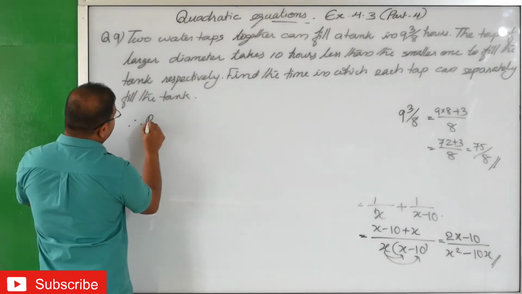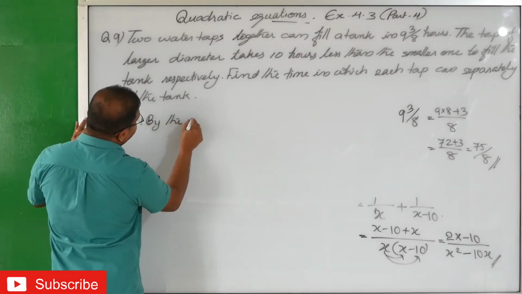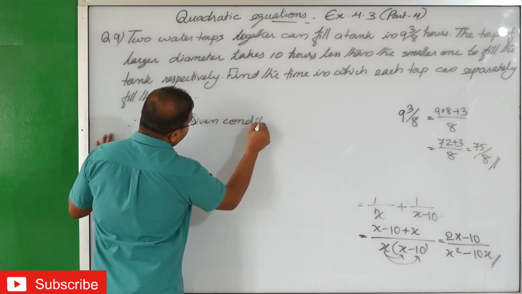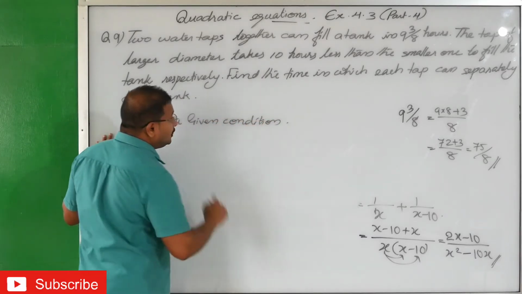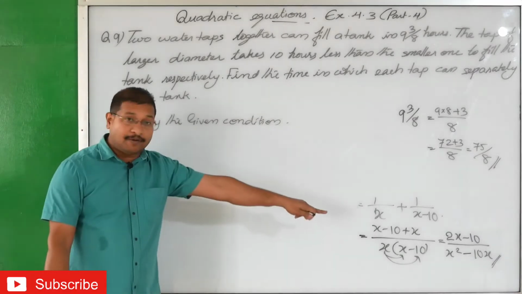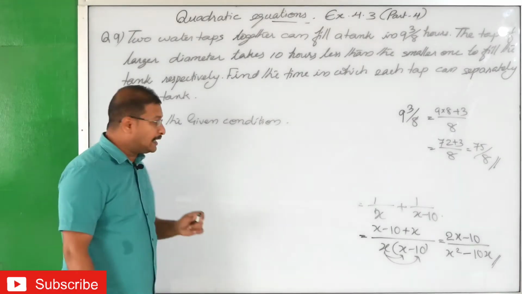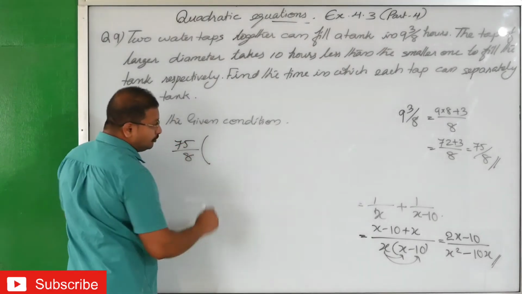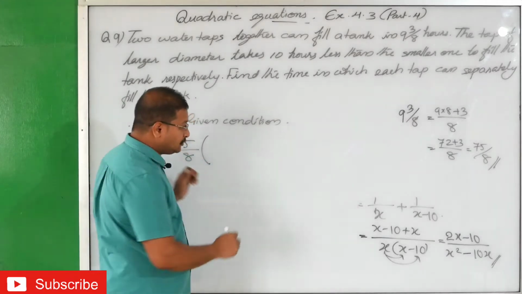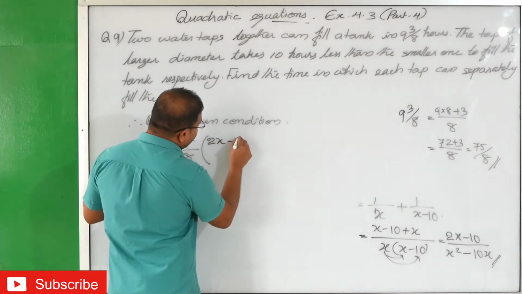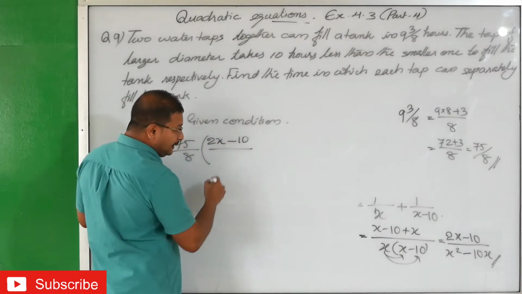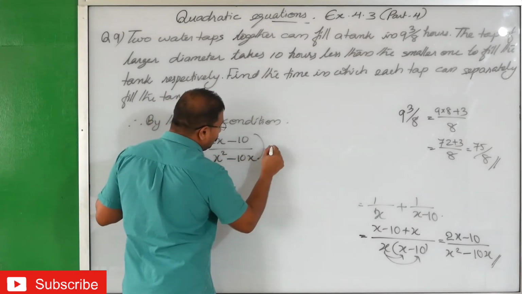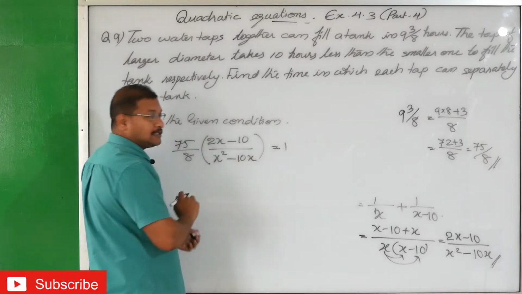Therefore, by the given condition, what can you write? The total time means 1 hour will be this much. So we will take 75 by 8 into the total 1 hour. 1 hour is how much? 2x minus 10 divided by x square minus 10x equals 1 time. That is 1.